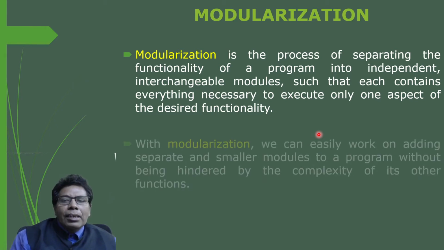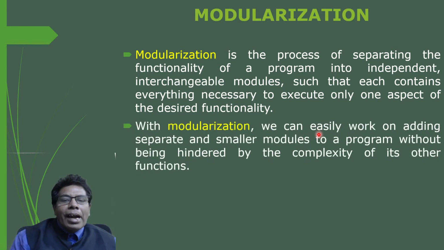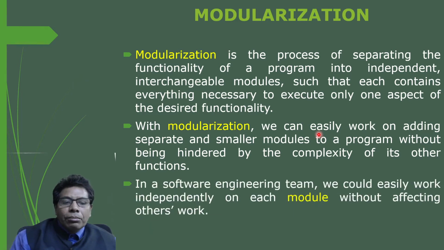With modularization, we can easily work on adding separate modules to a program without being hindered by the complexity of other functions. We don't have to bother about the complexity of other functions. We just go on adding the modules, and then we integrate the modules so that it will work as a complete function. So in a software engineering team, they can easily work independently on each module without affecting others' work.